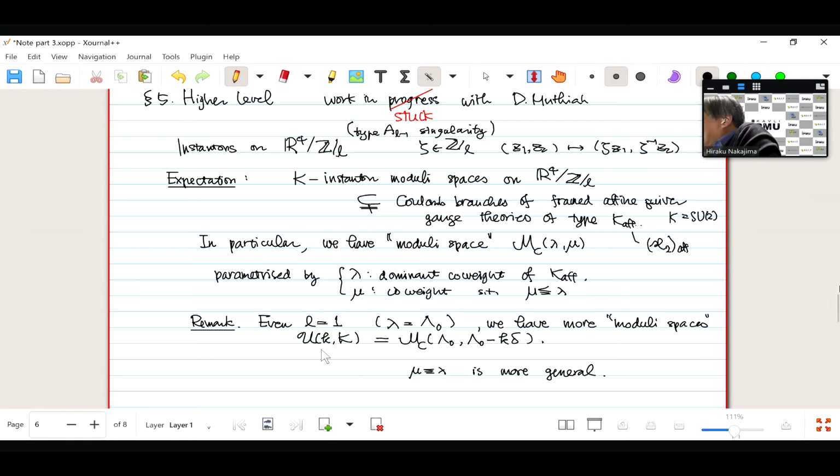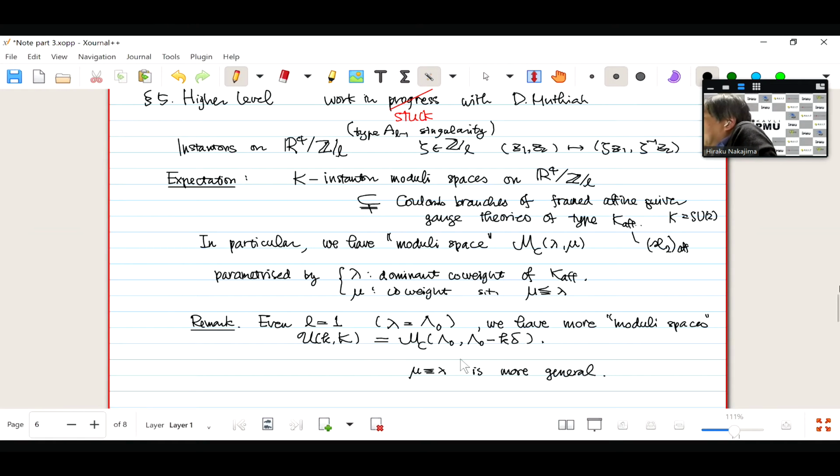I explained the Uhlenbeck space as the partial compactification of the moduli space of instantons on S4, and k, I said, is the topological charge. For example, if the group is SU(r), that is the second Chern class of the bundle. And on S4, there's no other topological charge.